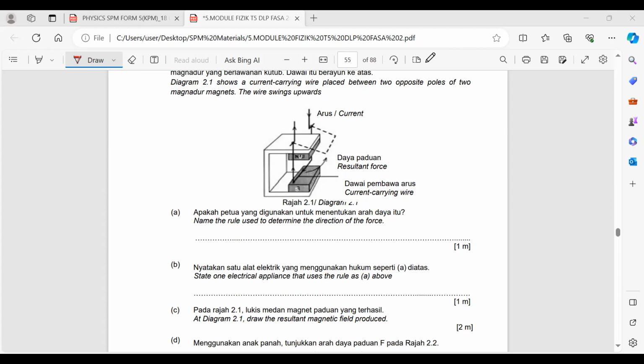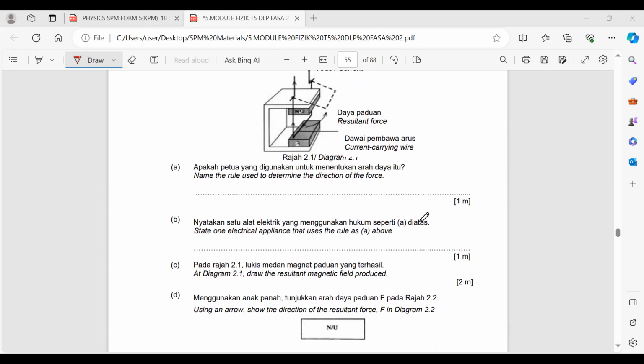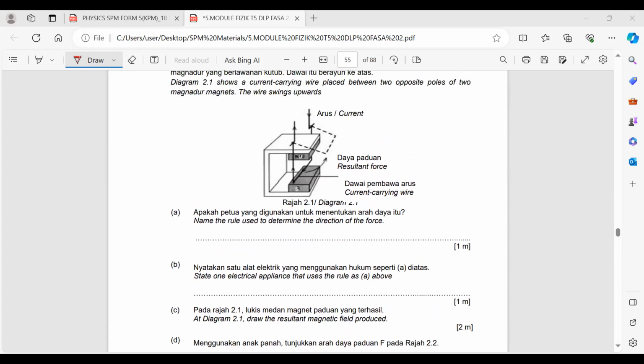Motor. Yeah, okay. So yes, a motor. Anything, okay. Continue to the next one. Motor, electric motor, fan.